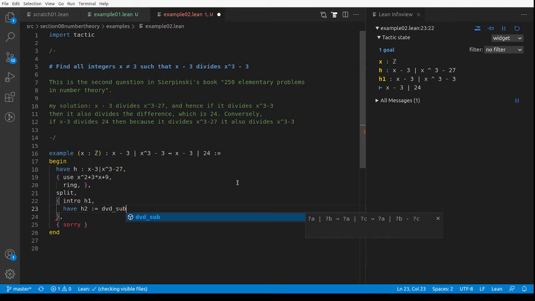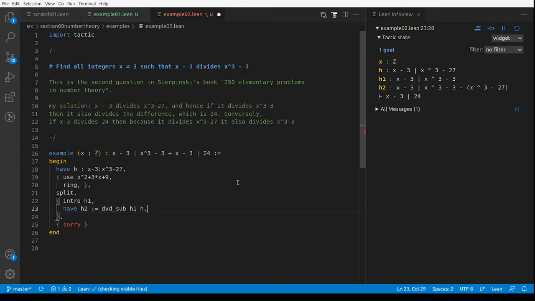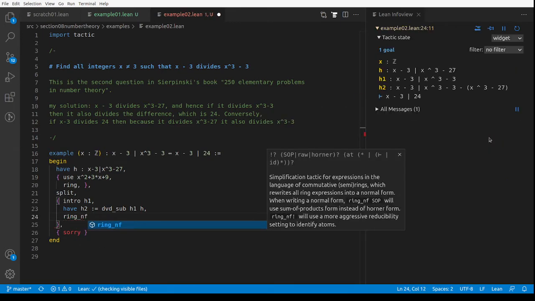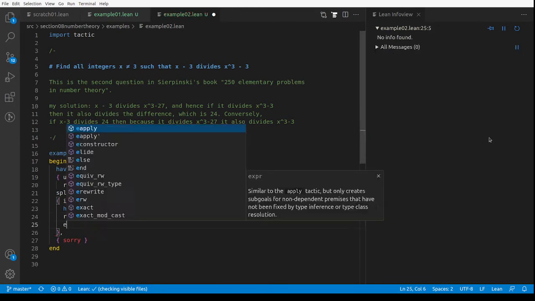So what am I going to do? I'm going to put in h1 and h. And now I claim that the answer is h2, right? x minus 3 divides, this simplifies to 24. So one way we could do it was we could run the non-finishing ring tactic on h2, and then it's exact h2.